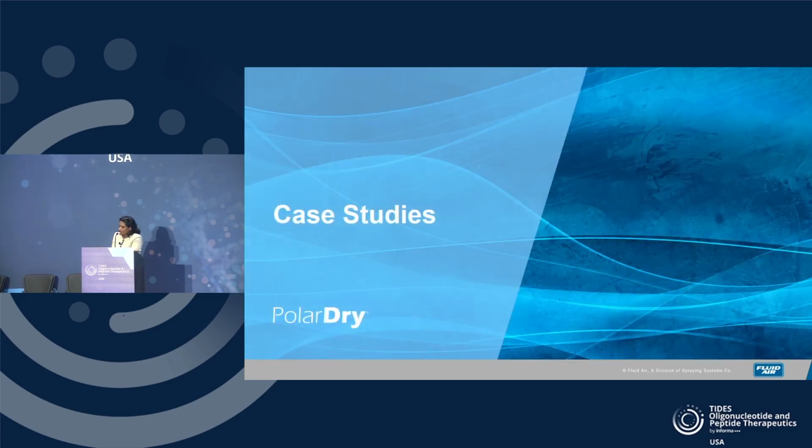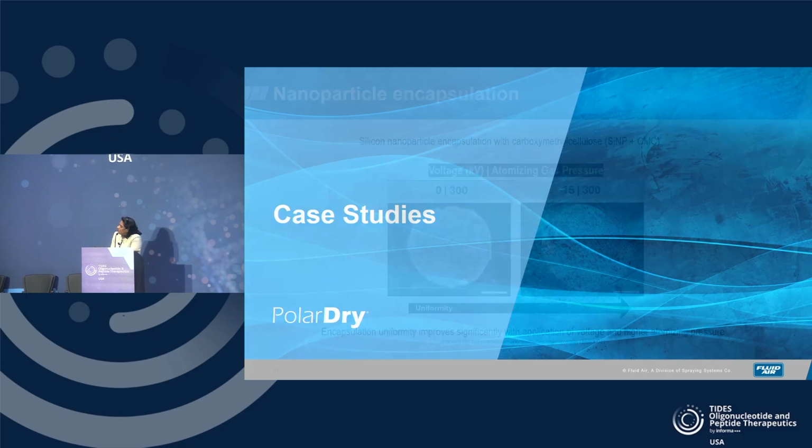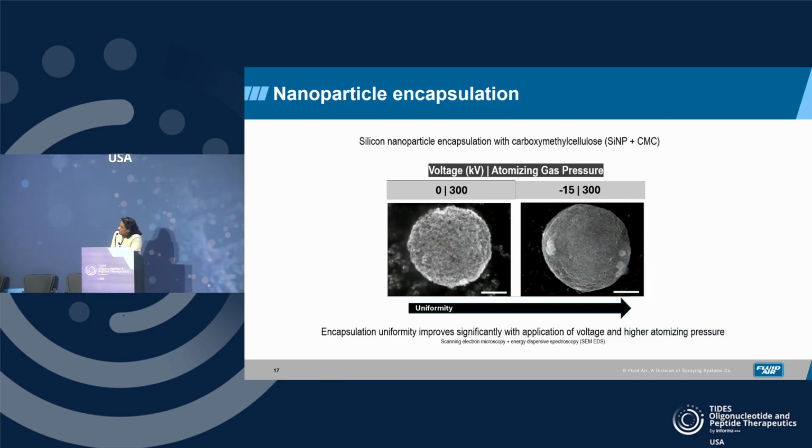I have a few case studies, some of which demonstrate the phenomena that I have been explaining and some advantages over other conventional drying processes. So the first of them is a nanoparticle encapsulation study that we did with University of Chicago and with UC Berkeley.